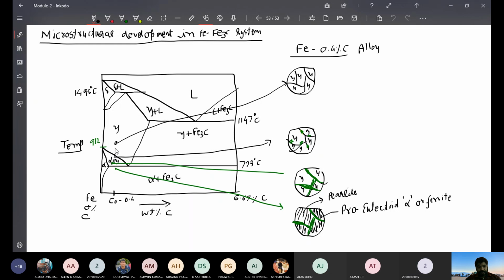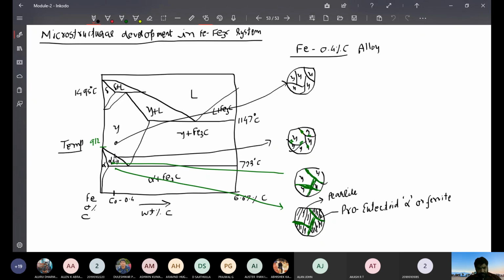So below this point alpha will start appearing, and it appears at the grain boundary. The green color I have shown here is nothing but the alpha appearing on the grain boundary. All these are grain boundaries, and alpha, this green color, is appearing at these grain boundaries.